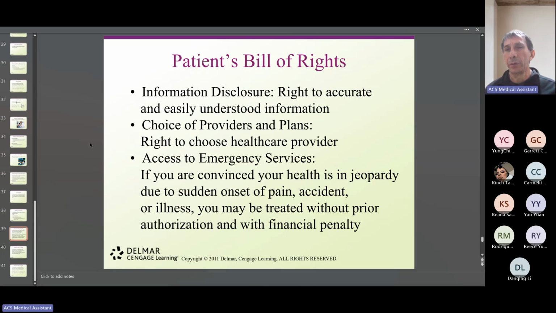So, right to accurate and easily understood information. The information that you enter in these medical forms or claims needs to be clear. Now everything is done on computer, so it's going to be typed, so we're not going to have any problems not understanding.